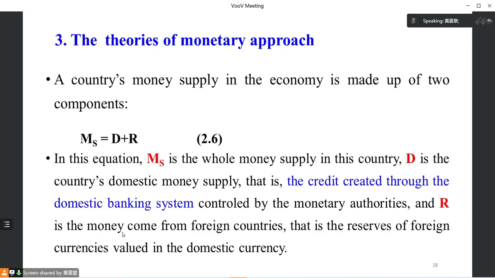And R is the money that comes from foreign countries. That is the reserves of foreign currencies valued in the domestic currency. So, we should understand the meaning of MS, D, and R.